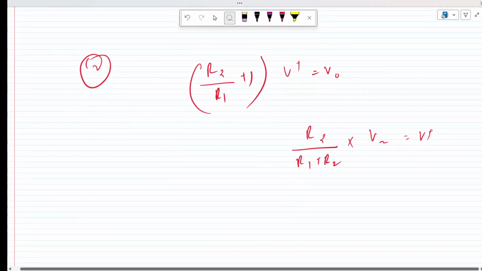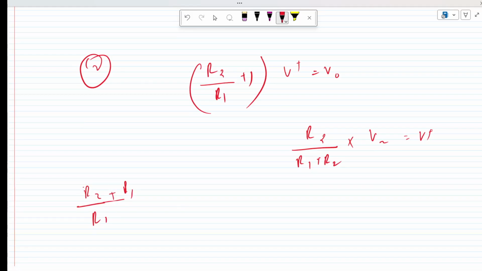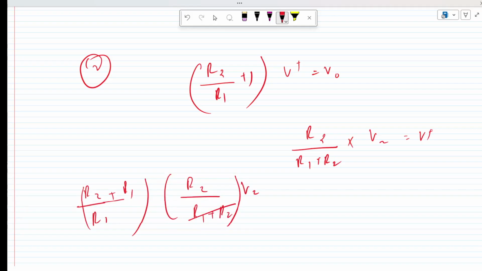So it is R2 over R1 plus 1 times V plus, and V plus is nothing but R2 over R1 plus R2 times V2. This expression gets cancelled, and this is R2 over R1 times V2. This is the second expression.